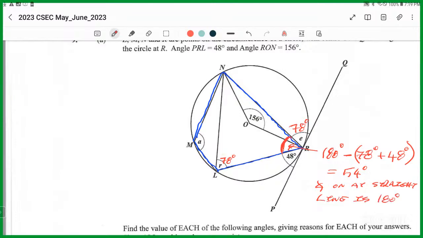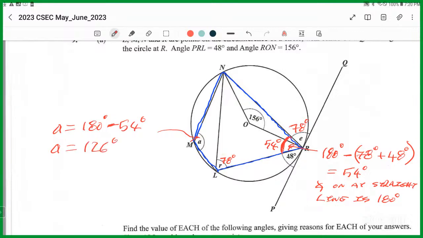Now this is 54 degrees. So angle A right here is equal to 180 degrees minus the 54 degrees. What does that work out to? 180 degrees minus 54 degrees is 126. So A is 126 degrees.